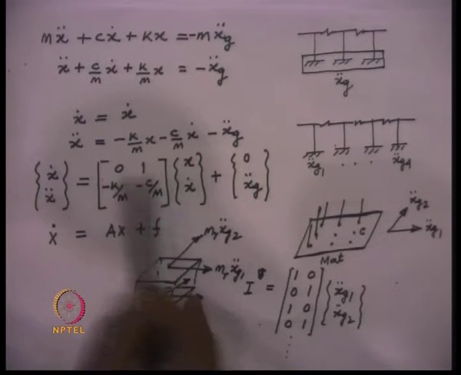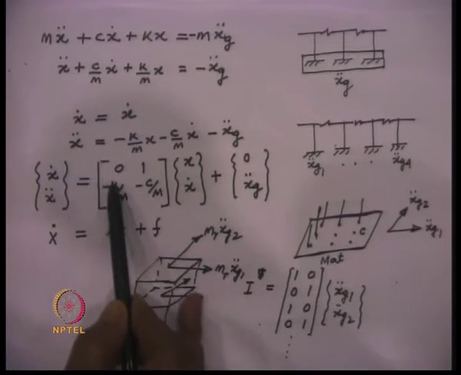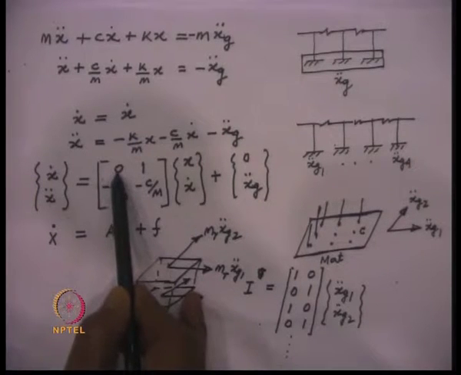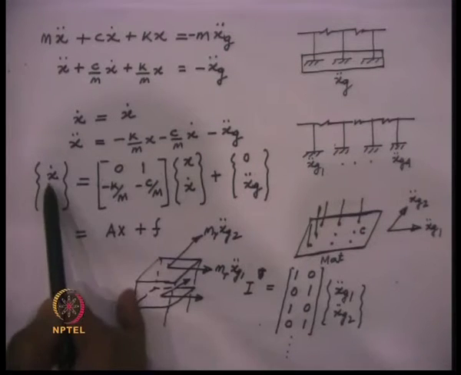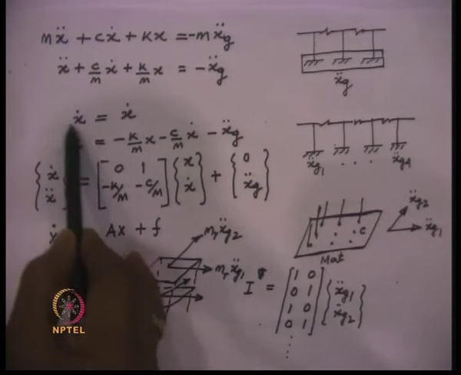Now, if we expand this matrix, then x gets multiplied by 0, x dot multiplied by 1, and on the left hand side we have x dot. So, it is the first equation.